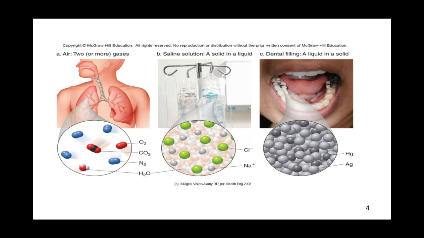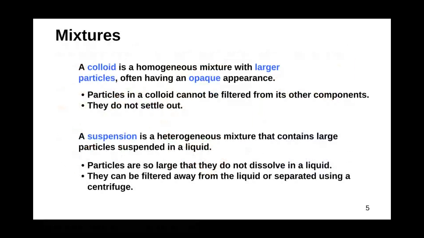So, three ways of thinking about a solution, right? We're typically thinking about solutions as an aqueous solution, but you can think of a solution in multiple shapes or forms. Now, when we're thinking about mixtures, we have a new term which is called a colloid, and that might be relatively new conceptually to most of you. But a colloid is a homogeneous mixture that has larger particles, often having an opaque appearance.